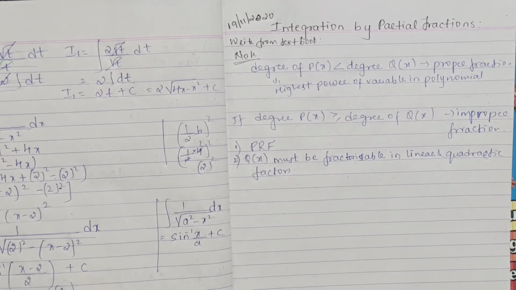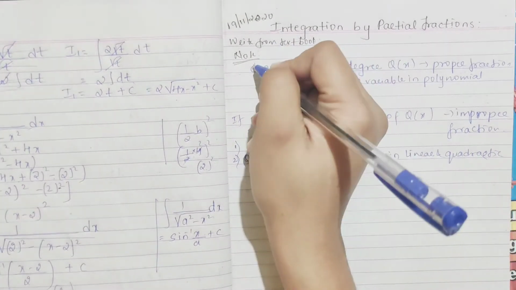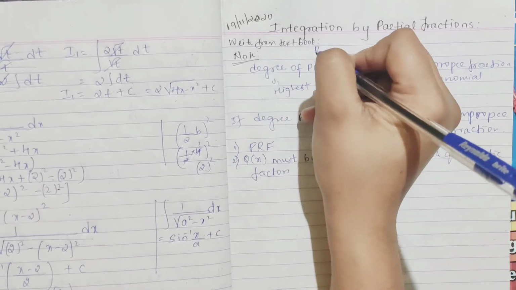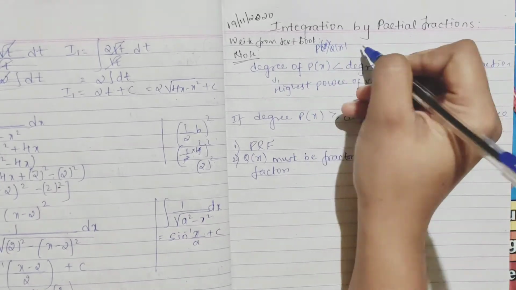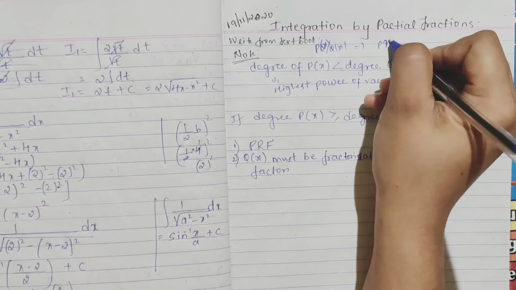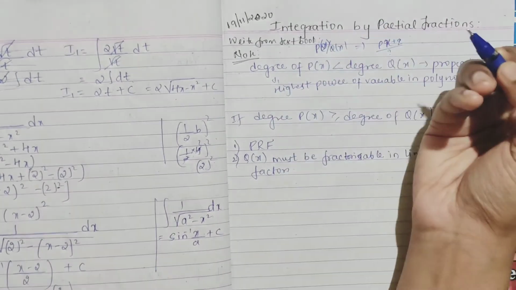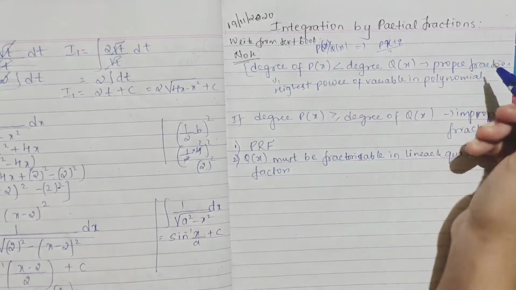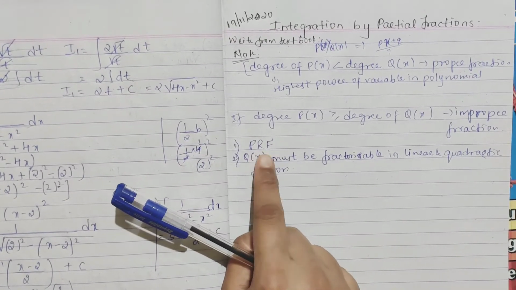Before heading to solve the exercise, please note down some points. You will be having P(x) by Q(x) form, as we have seen, and your denominator for the particular forms. So your main function while solving should be a proper rational fraction.